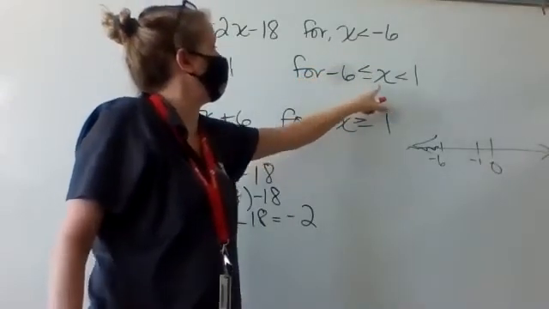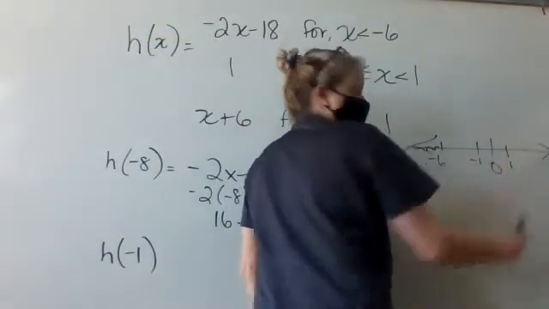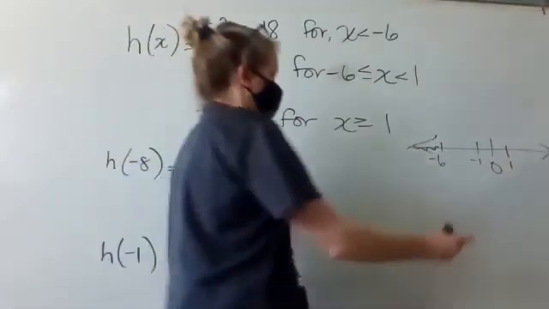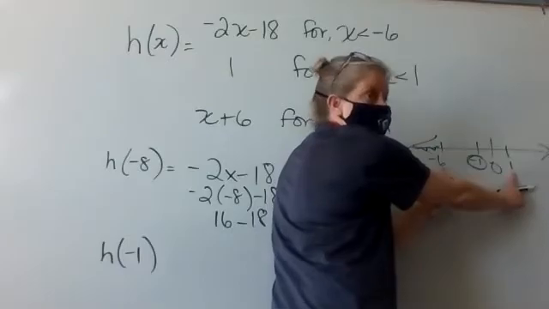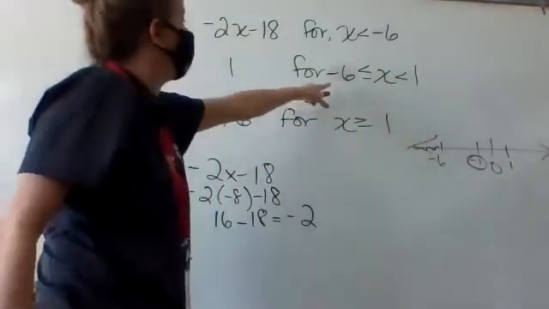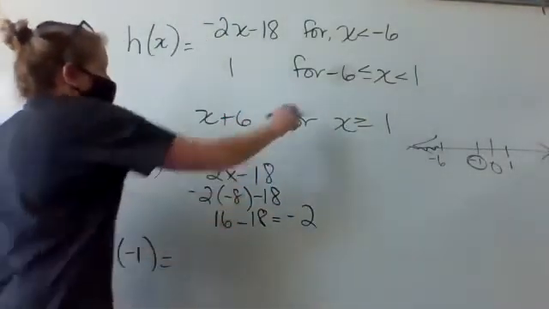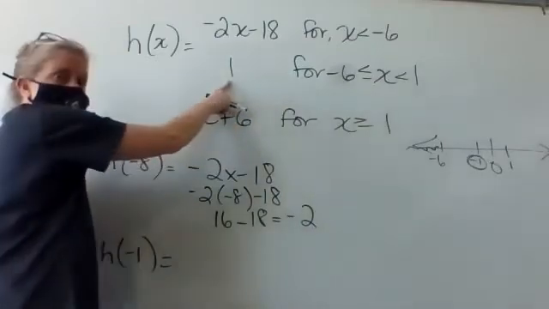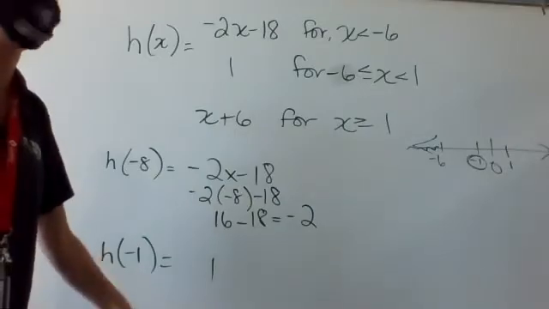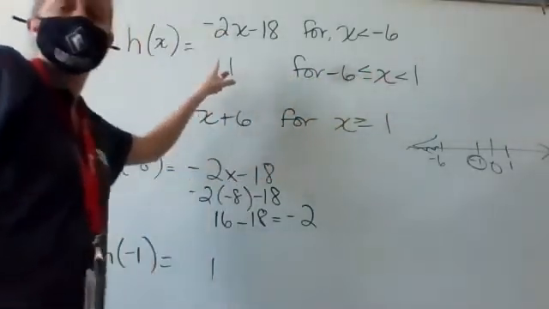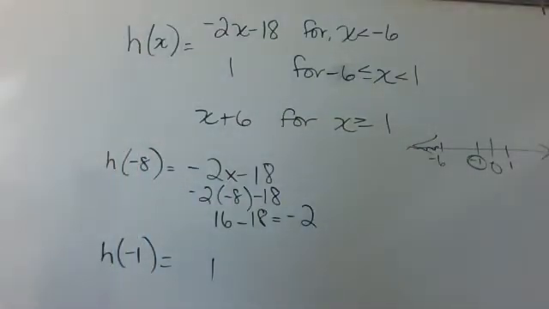Is negative 1 in between negative 6 and 1? Well, here's negative 6. There's positive 1. There's where negative 1 is. Is it in between those two? Yes, it is, which means negative 1 goes into this piece. Here's the tricky part of this. If you're in this piece, what is your answer? 1. It's just 1. There's not an x to plug into. If you are in between negative 6 and 1, your answer is just plain old 1 every time. There's no x to plug into there.